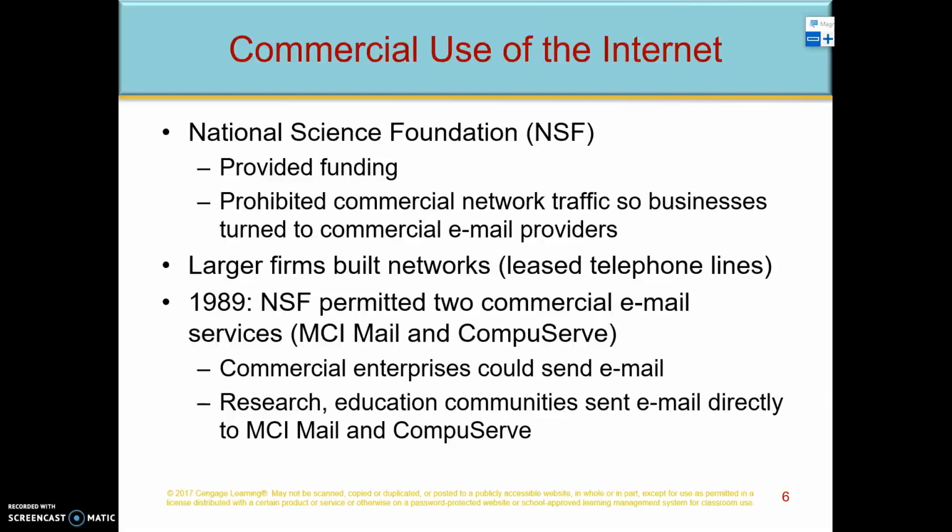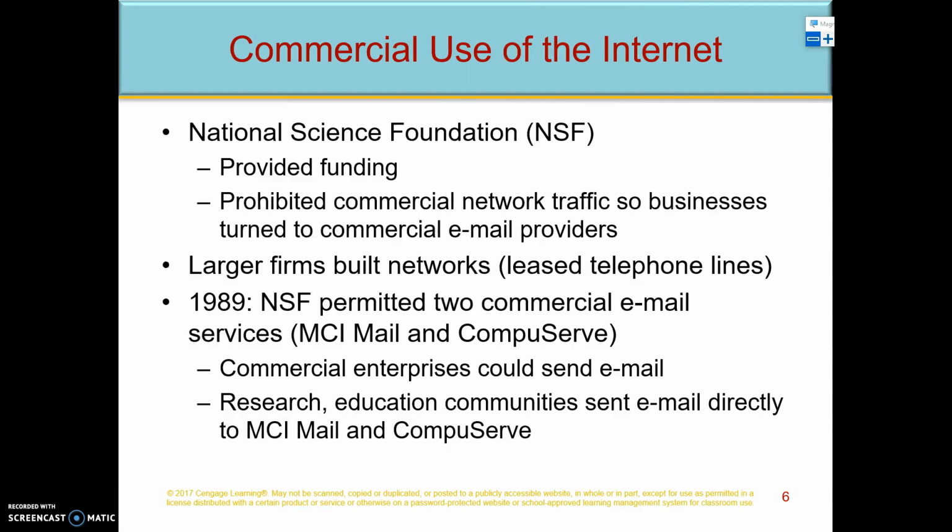Some commercial use of the internet. The National Science Foundation, NSF, is what provided funding for the internet, and it prohibited commercial network traffic. So businesses had to turn to commercial email providers, and this is back in the 80s. The larger firms built networks.